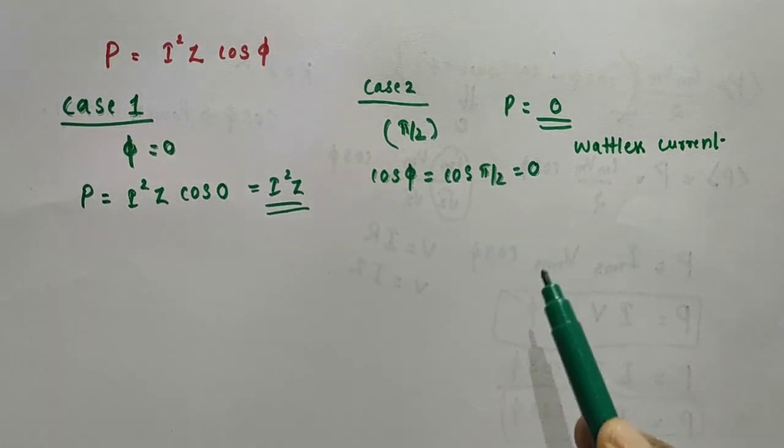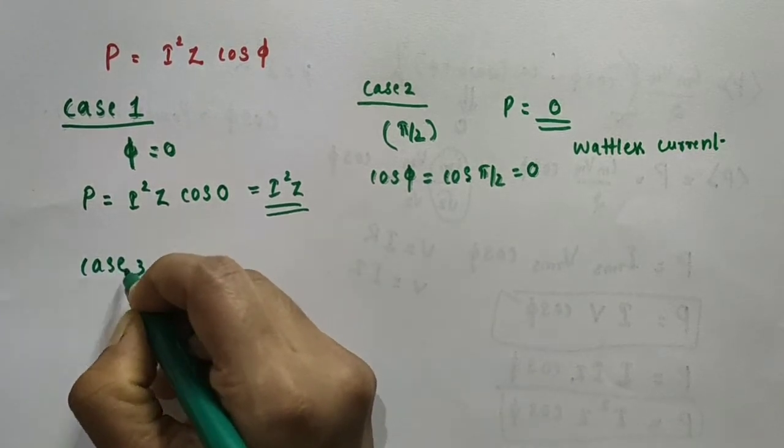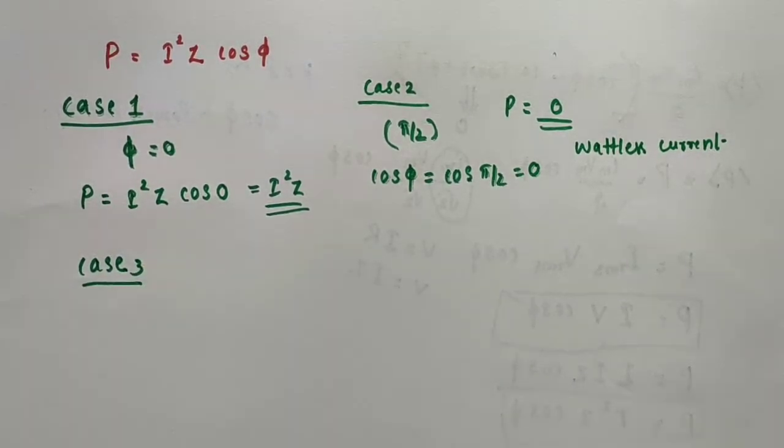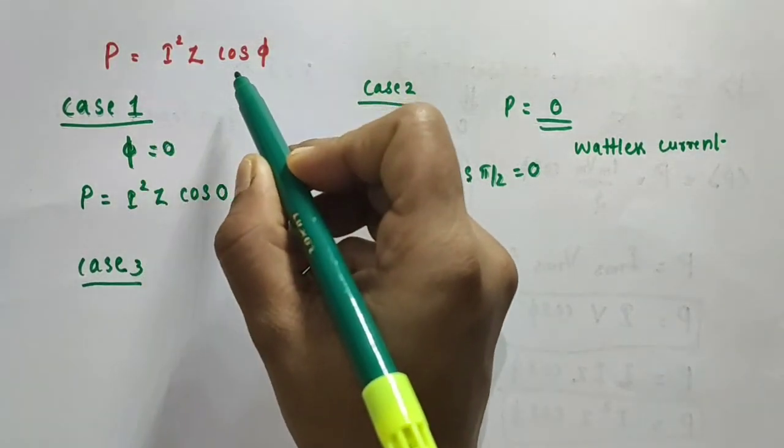Now, consider the case of a series LCR circuit. That is case 3. There the power dissipated is P equal to I square Z into cos phi.